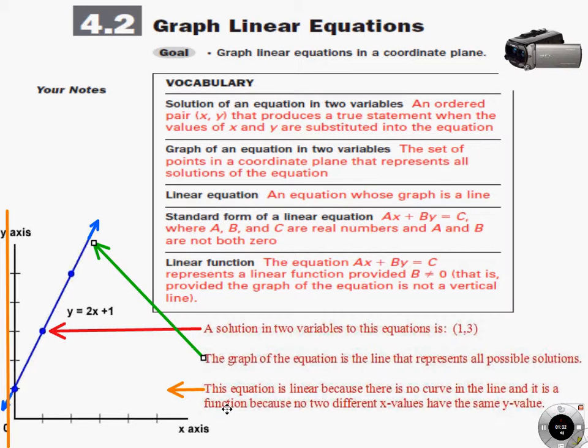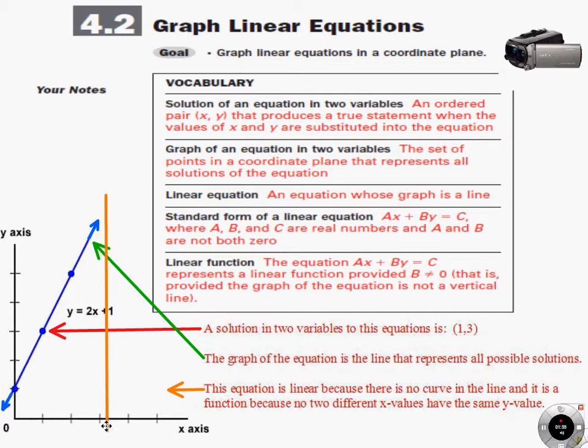Finally, this equation is linear because there is no curve in the line, and it's also a function because no 2 different x values have the same y value. One way that students can best understand whether a line is a function or not is by doing a vertical line test, where you take a ruler or a straight edge and pass it through the graphed function.